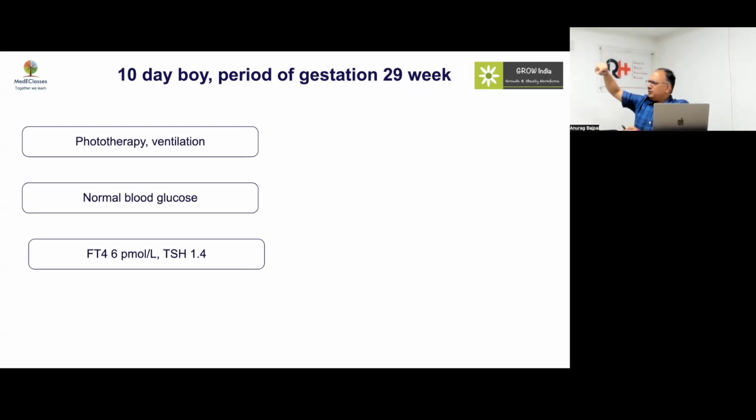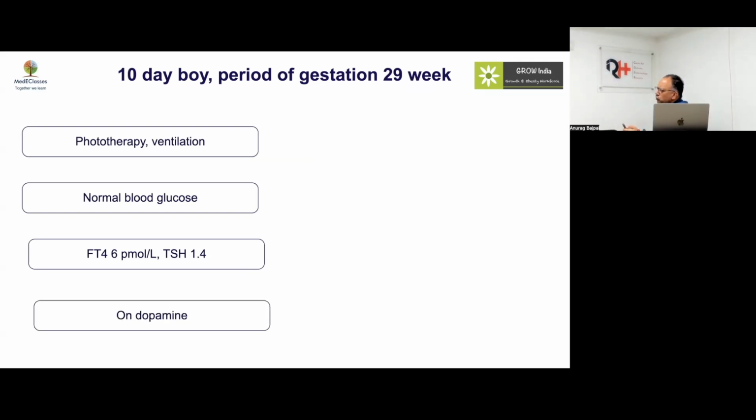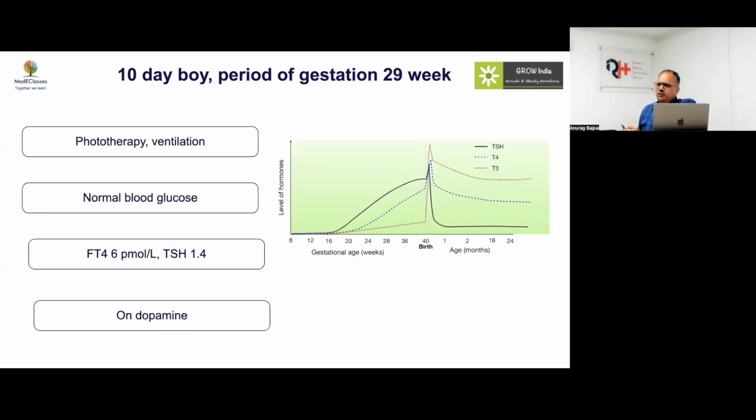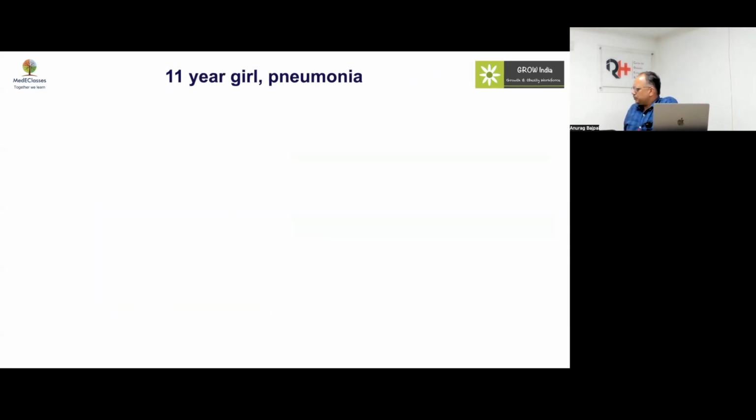It is the time when it will be low in that regard. Then the child is also on dopamine. So illness, dopamine, and prematurity can all explain a low level of T4 despite a normal level of TSH. So what we are seeing essentially here is that the child has been delivered early. That's why the levels are not high enough as far as T4 and T3 are concerned.